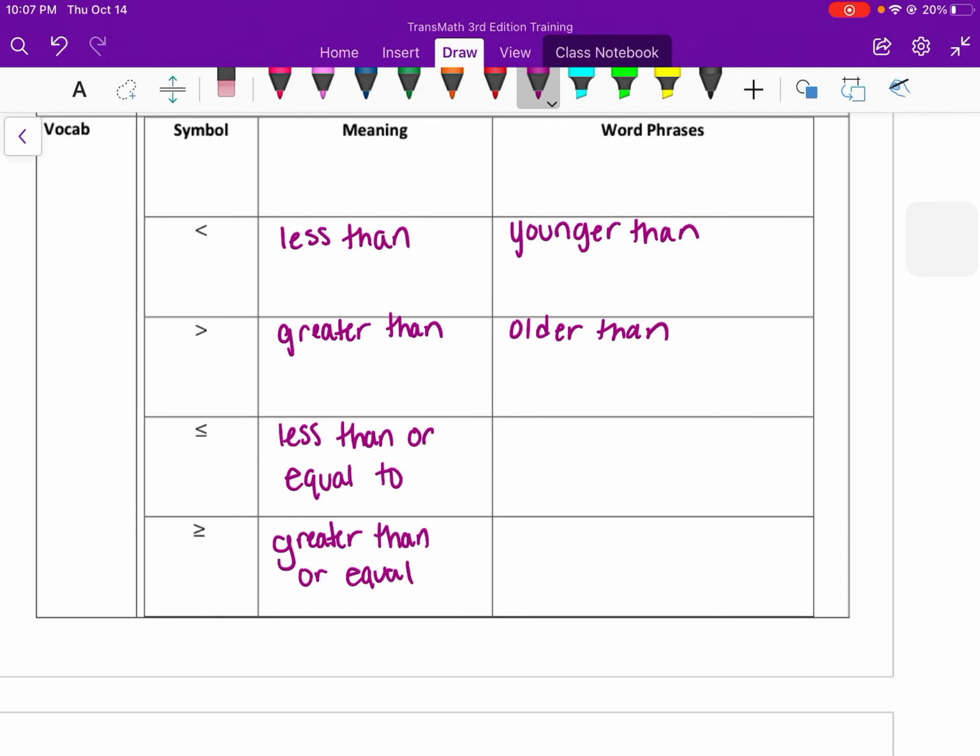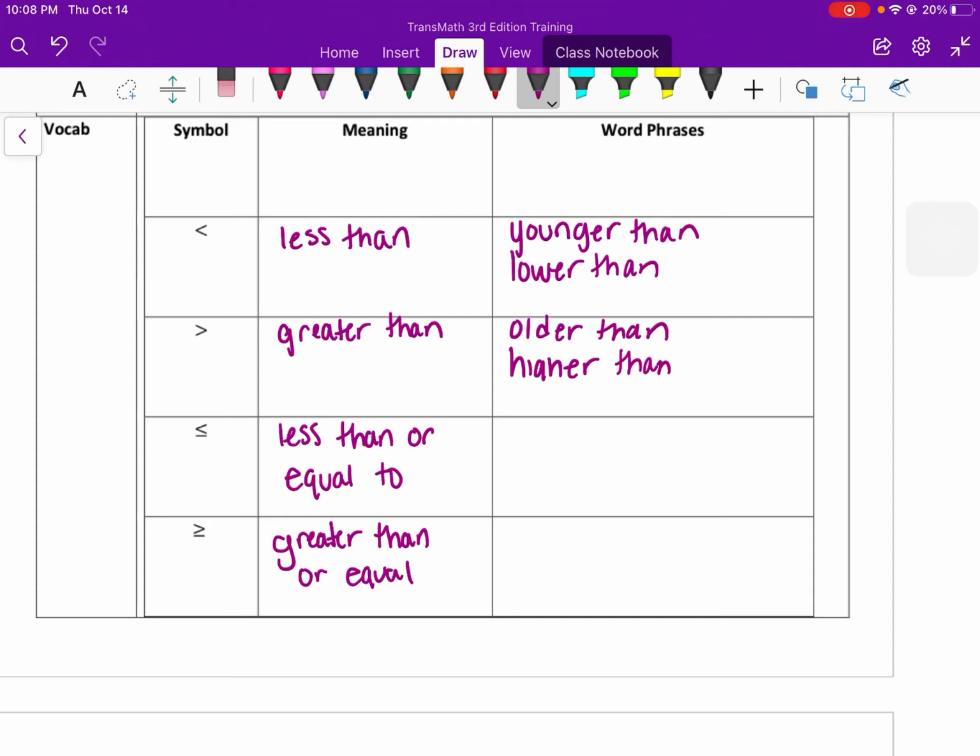If you were to say that someone was higher, that would be greater, higher than. Or you could say lower than, would be less than. So less than, younger than, lower than, greater than, older than, higher than, etc.